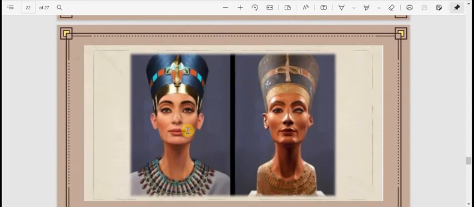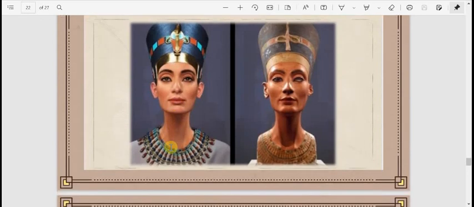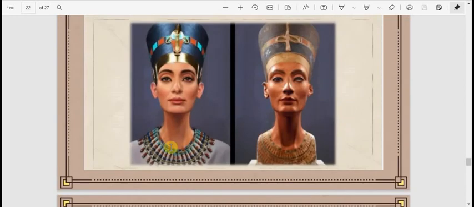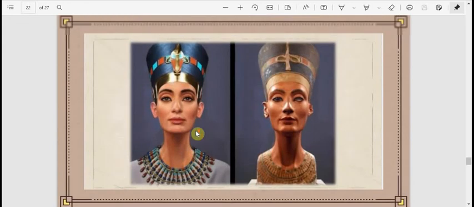Okay, yan. Para mas makita nyo yung sculpture kay Queen Nefertiti. Okay, so very pretty siya, very na-emphasize ang kanyang mga features talaga, and very realistic din yung pagkakagawa sa sculpture na to.